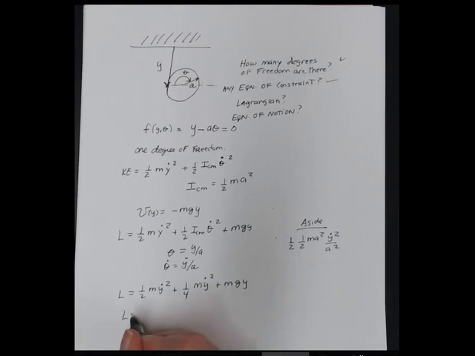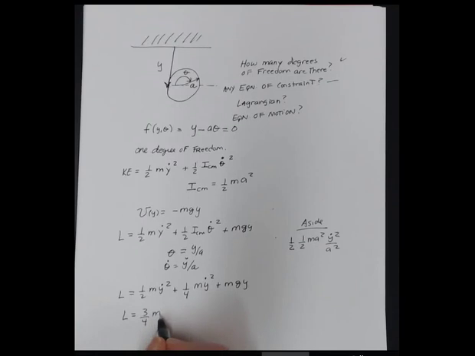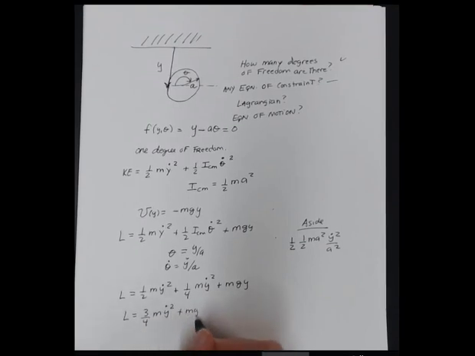And I can simplify it a little more, because 1/2 and 1/4 is 3/4 m y dot squared plus mgy. So there we go. So let's find the generalized momentum.